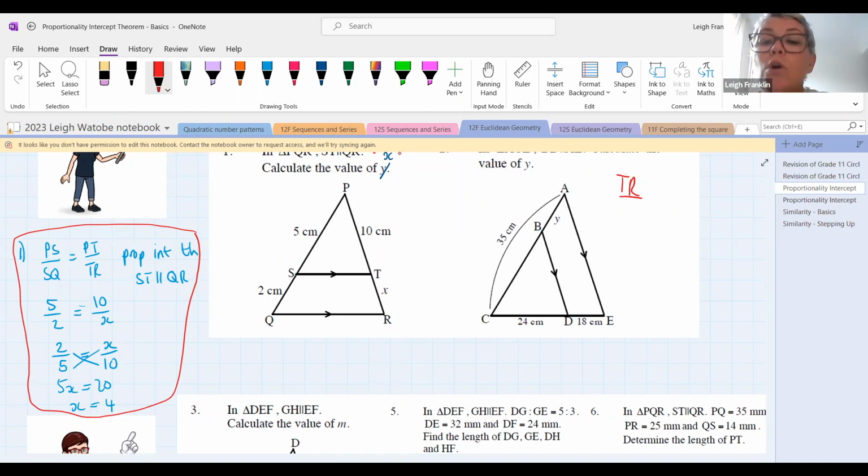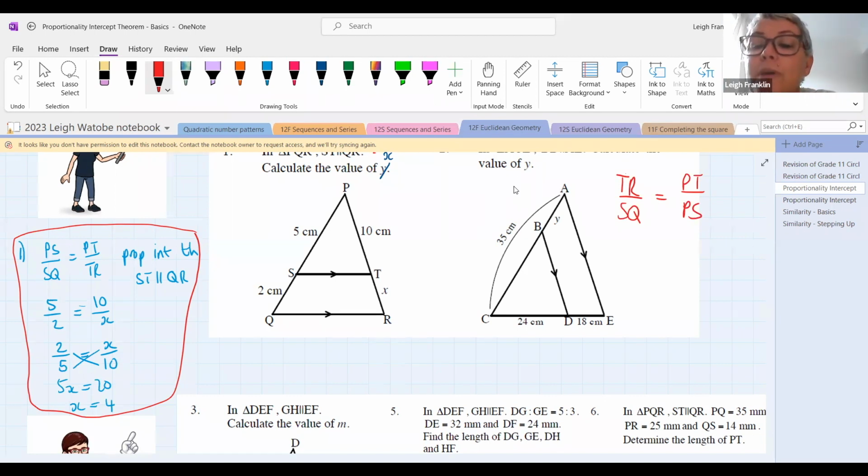Yes, absolutely. So what you can do is this, all right? If you want to compare, because remember you're allowed to compare numerators and denominators, so if you want to put TR over SQ, that's allowed. And then you've got to say that it's the same as PT over PS. That you're allowed to do. So numerator over numerator is the same as denominator over denominator.